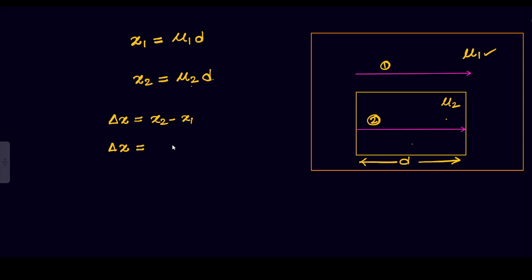So delta x is mu2 into d minus mu1 into d. Taking d and mu1 common, it becomes mu1 d times (mu2 by mu1 minus 1).